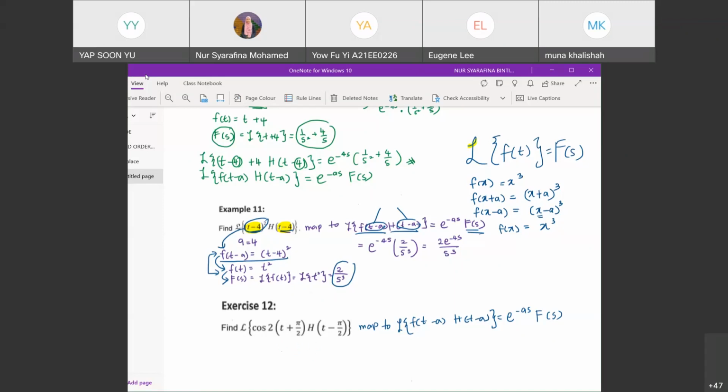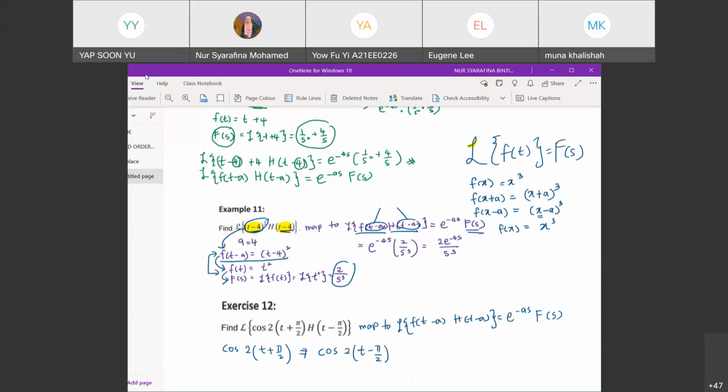Then what you need to do is modify the term in the cos here. To what? To cos of 2 times (t minus pi over 2). You have to create that minus pi over 2 without changing the original value.